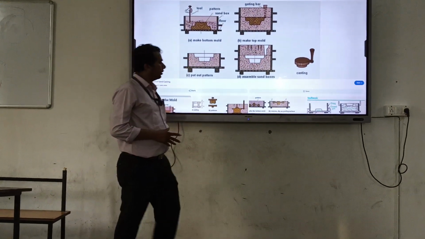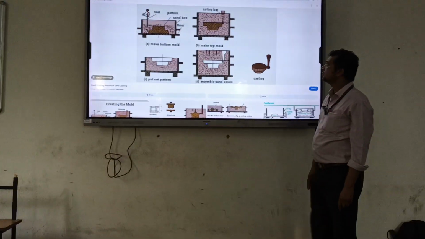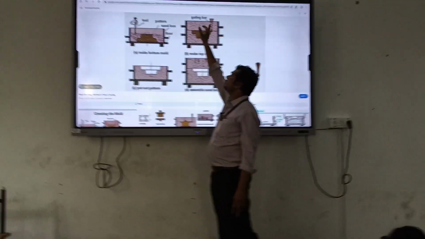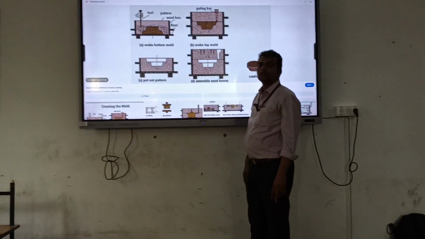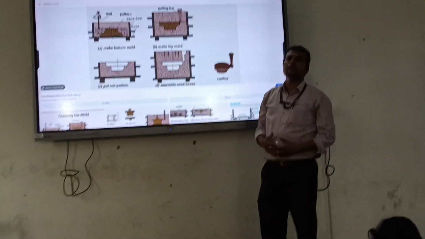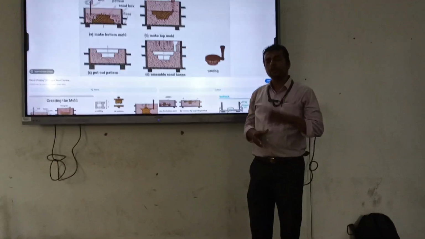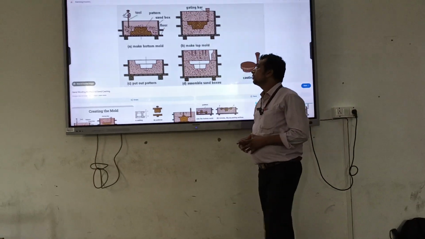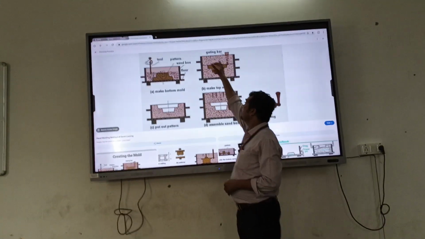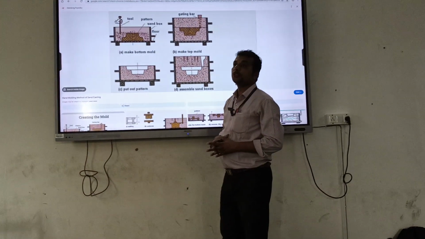In the second diagram, it shows the drag box and the cope box. The cope and drag are always the same in all foundries, but one difference is that a gating system is also provided in the cope section.